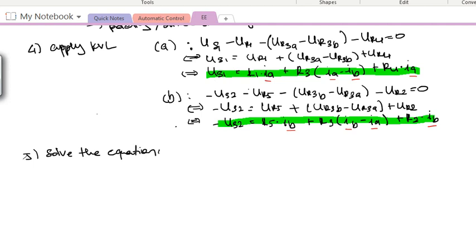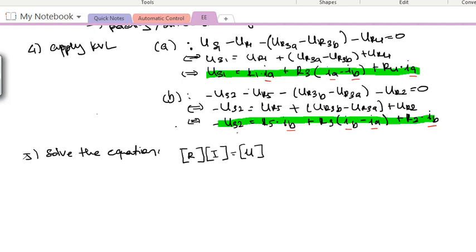So I would like to put it in matrix form. Matrix form means putting it in a form of Ohm's law, where you have one matrix that regroups the resistances multiplied by the matrix that regroups the currents, equals the matrix that regroups the voltages.